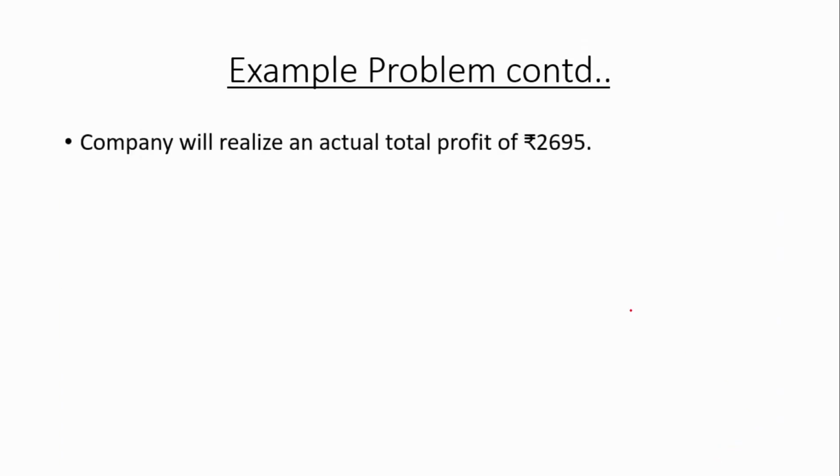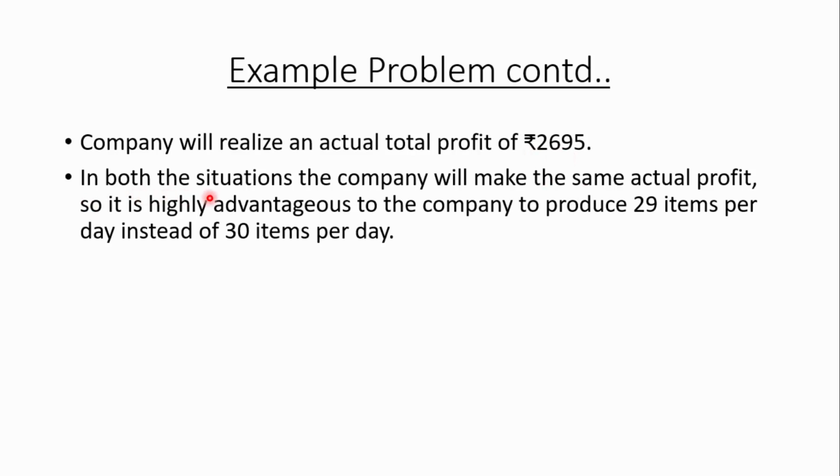So we will say that the company will realize an actual total profit of rupees 2695 for the next 10 days. Now, in both the situations, the company will make the same actual profit, so it is highly advantageous to the company to produce 29 items per day instead of making 30 items per day. So here it is definitely advantageous for the company to make 29 items per day rather than making 30 items per day.